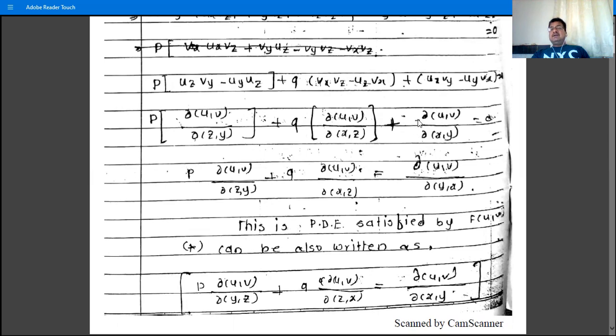Then shift this term to the RHS. It becomes minus dou (u,v) by dou (x,y). Accept that negative sign, and instead of xy, write yx.